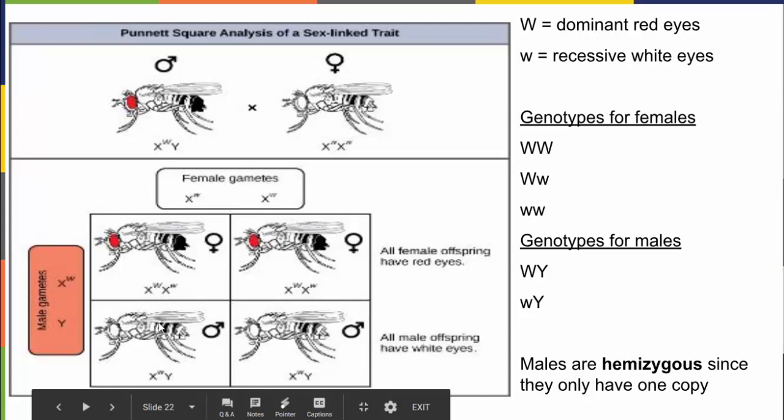Even though that's the recessive allele, because males are hemizygous and they only have one copy of X, whatever they have on that X, it doesn't matter if it's dominant or recessive, that's the phenotype that they get. So these are all the possible options.